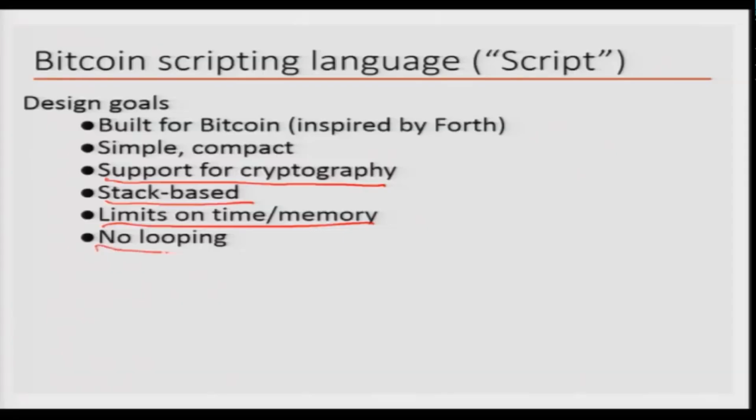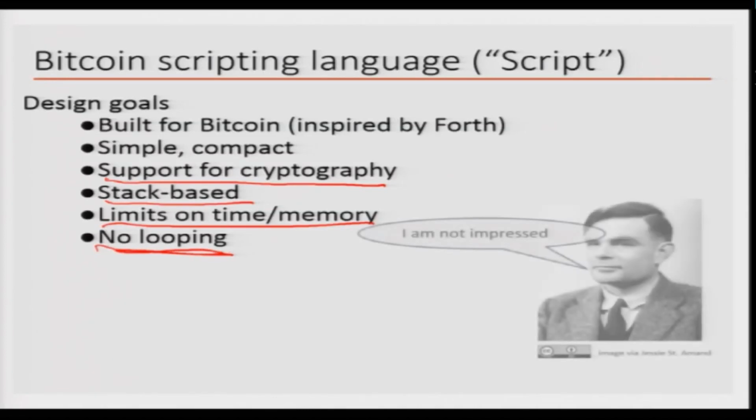So, we want the language such that it is not possible to get into an infinite loop or very expensive computation. So, this language has no loops in its structure, and therefore, it is not Turing complete.